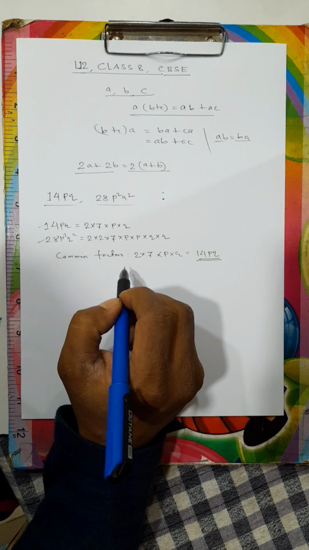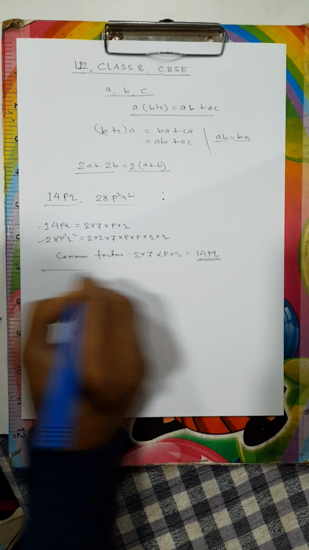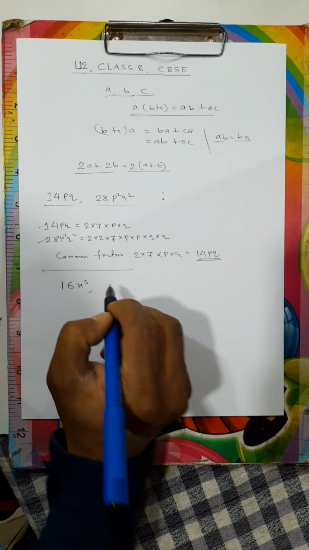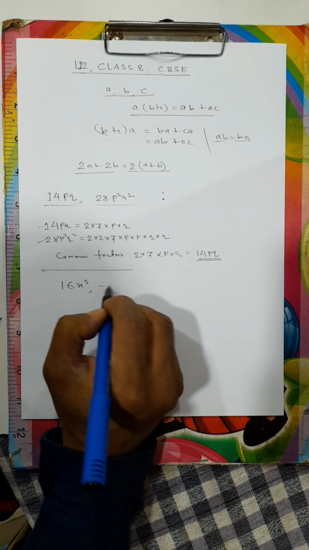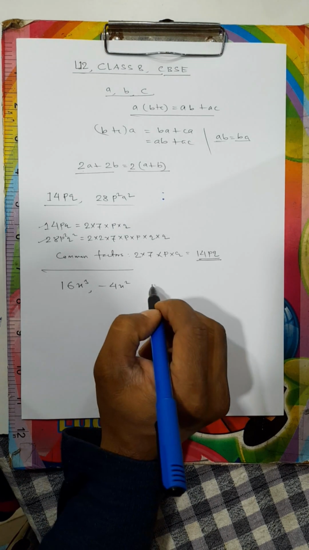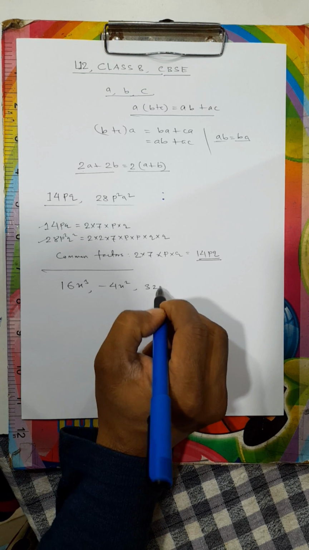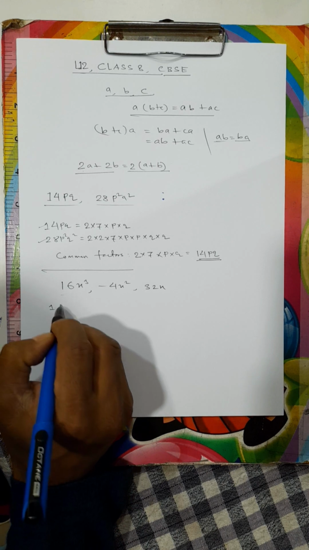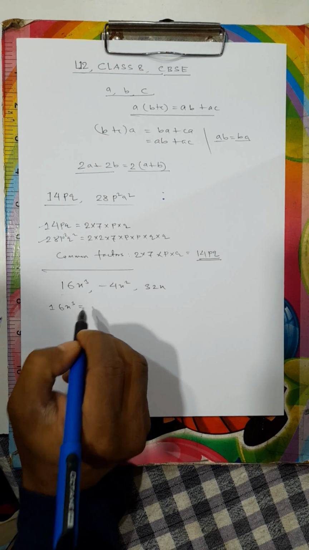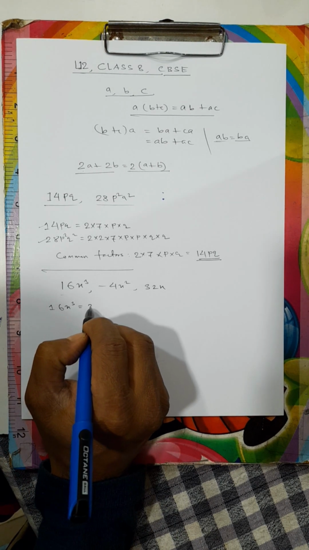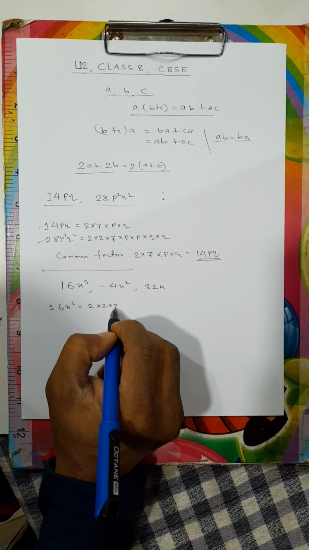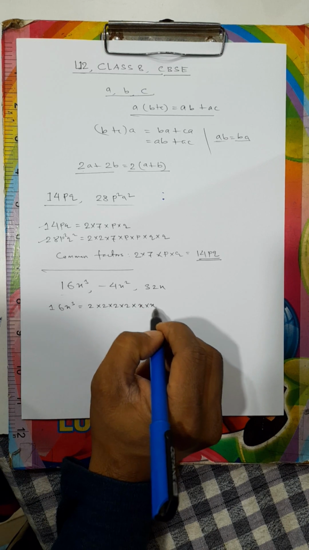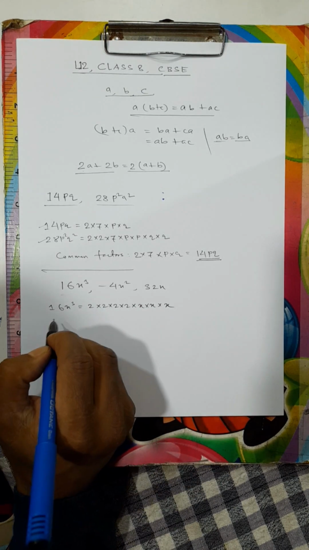Let us do one more example. Say you are given 16x cube, minus 4x square, and 32x. Find the common factors of these three terms. So 16x cube means, if you do the prime factorization of 16, 2 into 2 into 2, x cube means x multiplied by x multiplied by x.